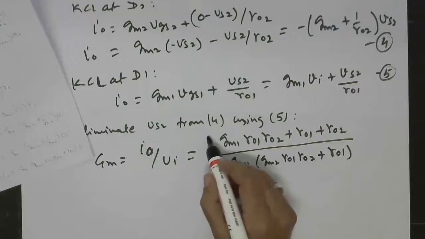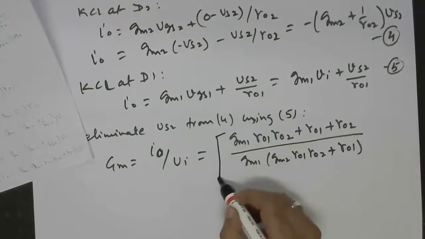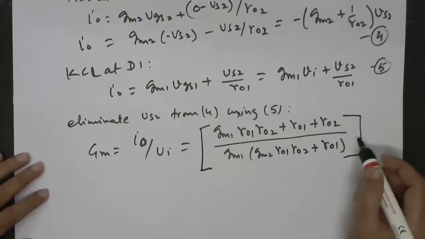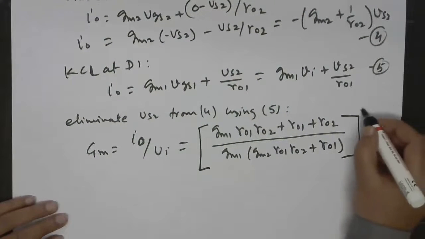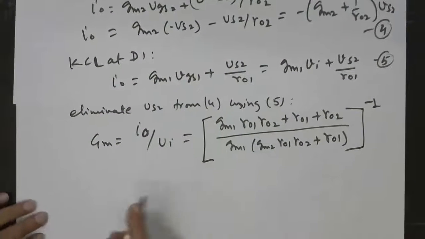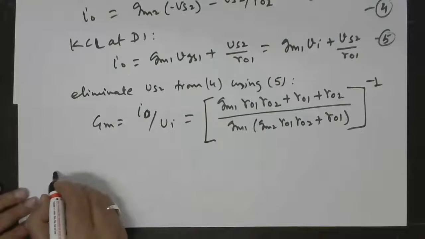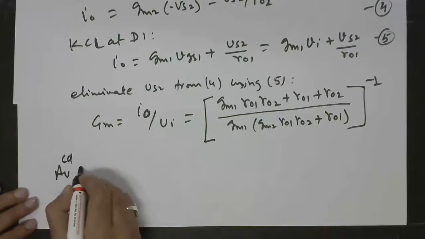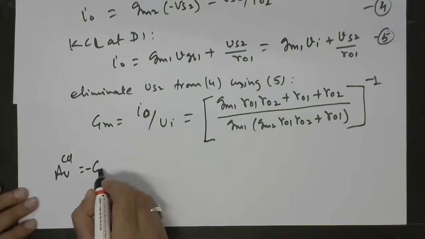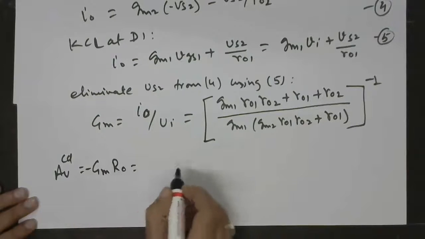Sorry, there is a mistake here. Actually, it is going to be the inverse of this. This will be the numerator, this is going to be the denominator. So now you can see that AV is going to be minus GM into RO.